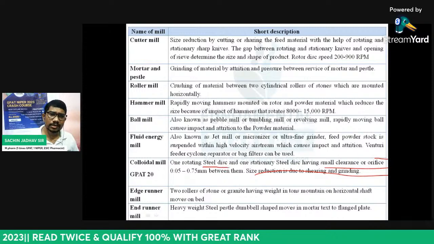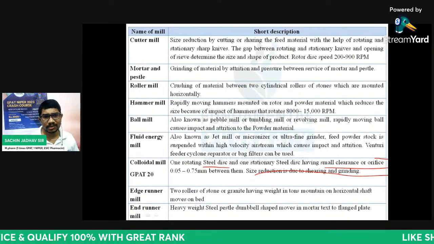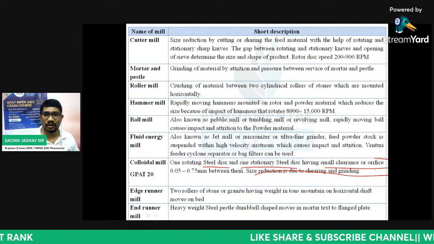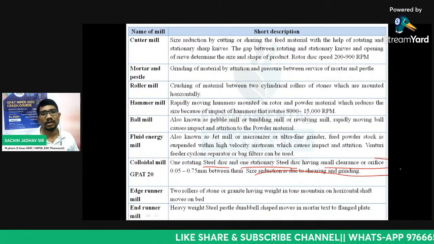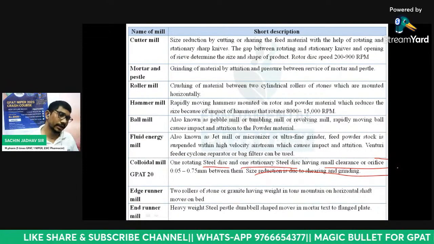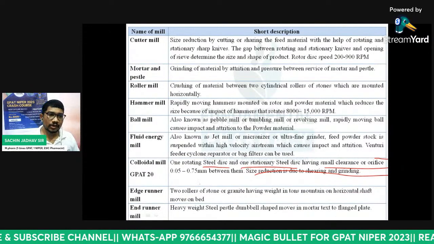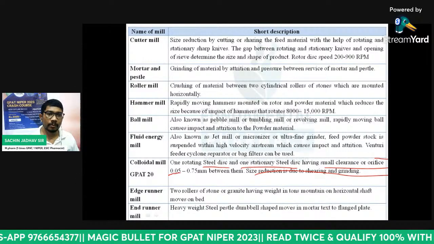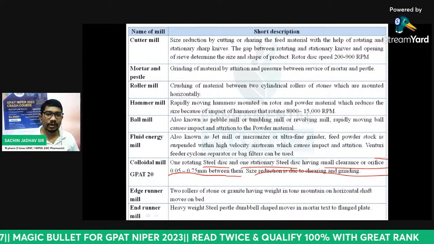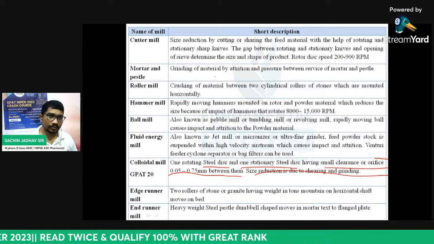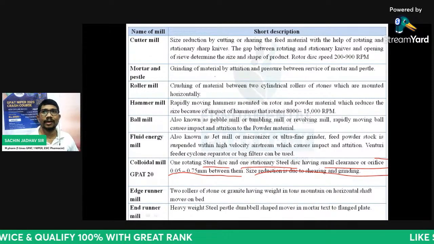Rotating steel disc is also known as the rotor and stationary steel disc is also known as stator. So there is one stator, one rotor, and in between that there is a small gap, a small orifice, a small clearance of 0.05 to 0.75 mm, okay, between them.